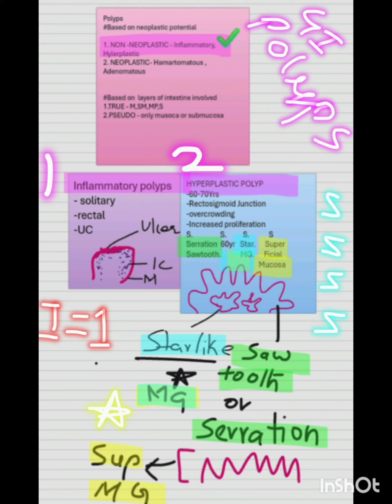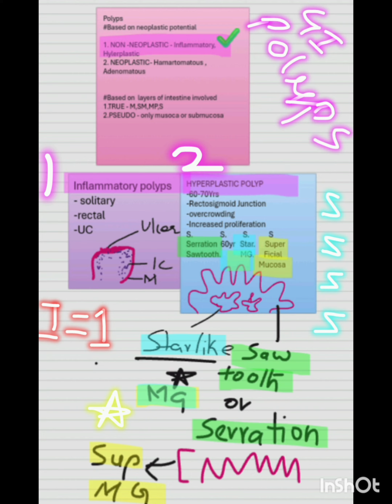And how are you going to remember this? They are like SSSS. Because of hyperproliferation, there is a creation of a pattern which leads to formation of sawtooth-like or serrated patterns.